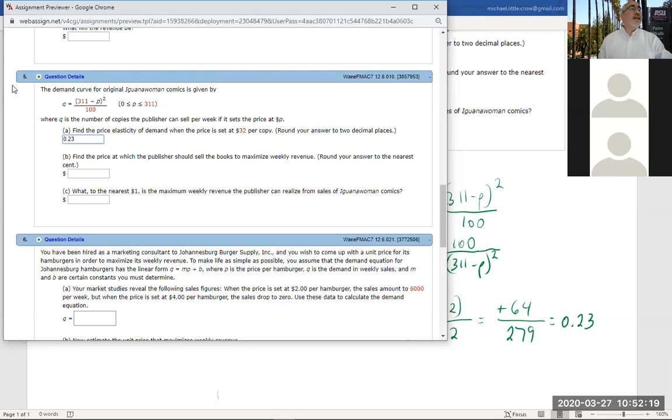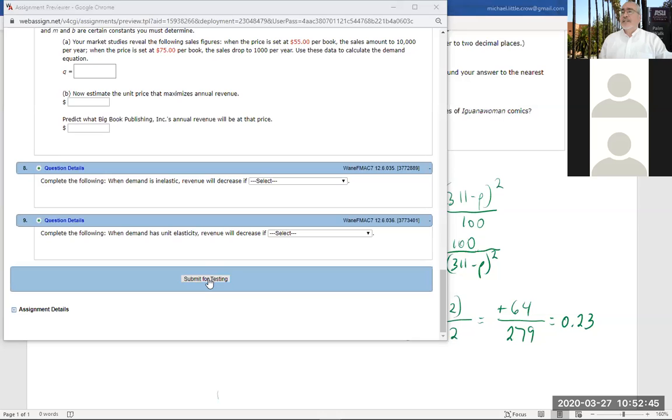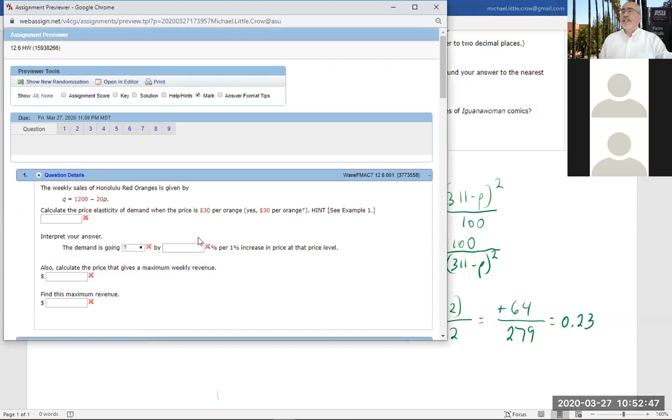So what does that mean that we've got? What does it mean that I've got 0.23? It means it's inelastic, and it means I really should move the price up. But let's go ahead and check it, just to be sure.